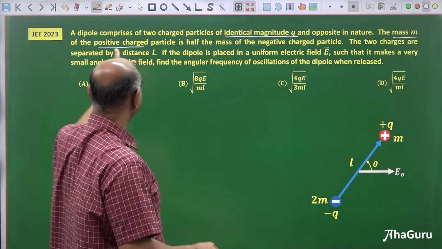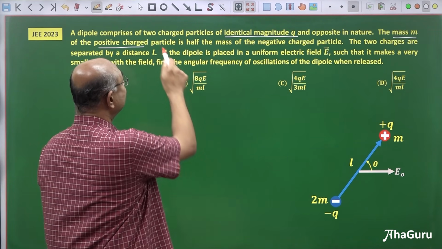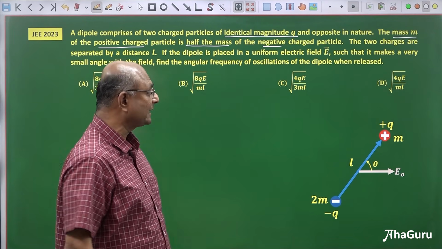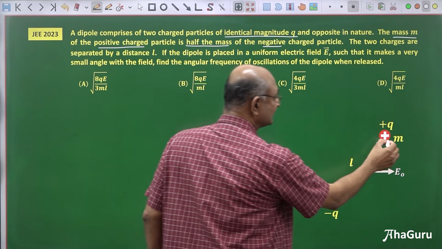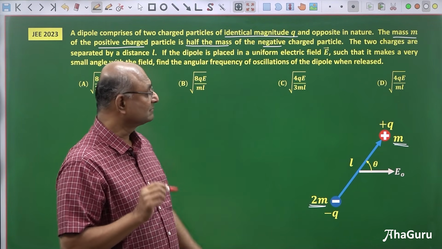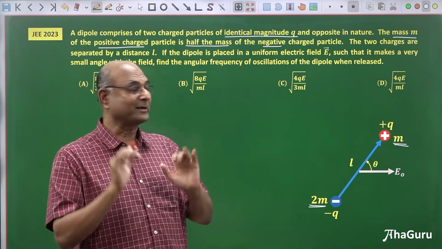So the positive charged particle has mass M, and this mass is half the mass of the negative charged particle. So if this is half of this, this must be 2m. If this is m, this has to be 2m. That is the variation. Small variation, but an important variation.